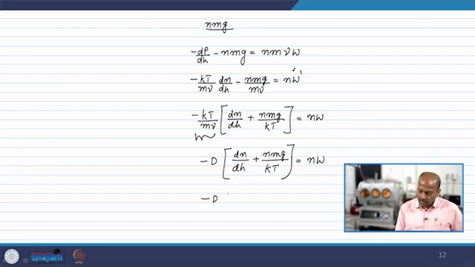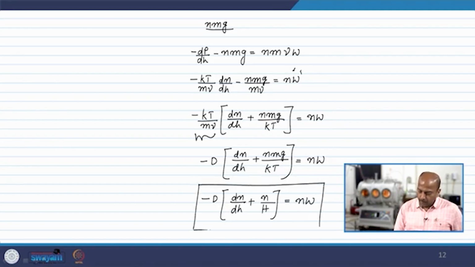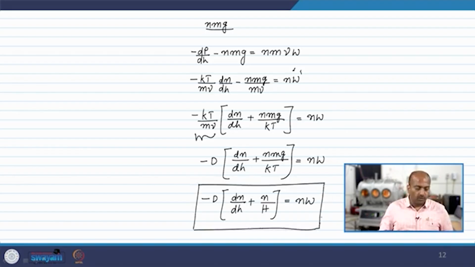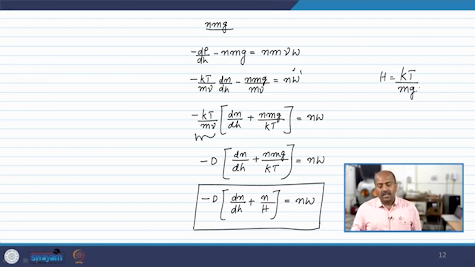We can write it as D times dN by dH plus n by H is equal to N W. This is how the force balance works. What is H? H is nothing but kT by m g, which is the scale height.